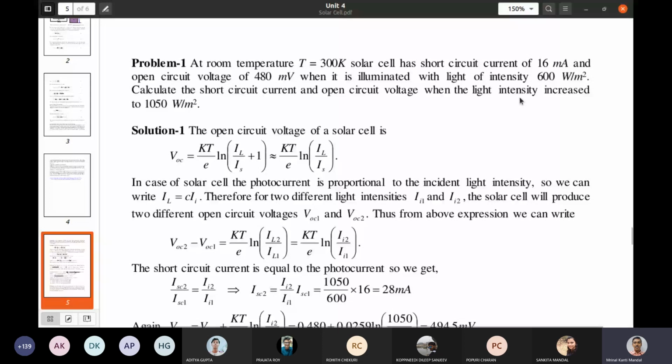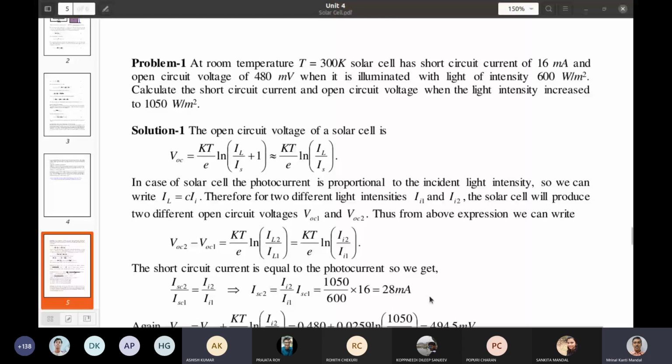When the light intensity is increased to 1050 watt per meter square, what will be the open circuit voltage and short circuit current that you need to calculate.